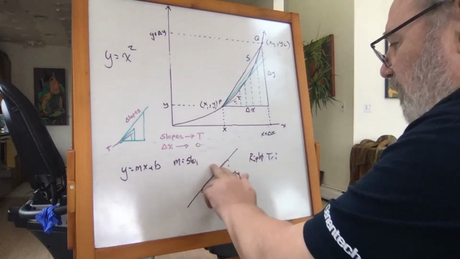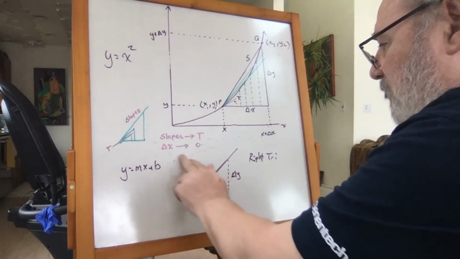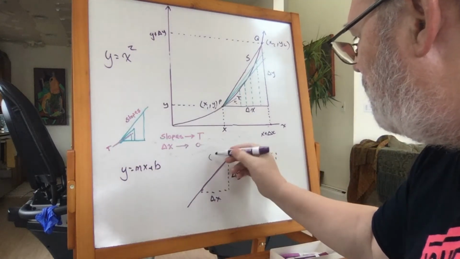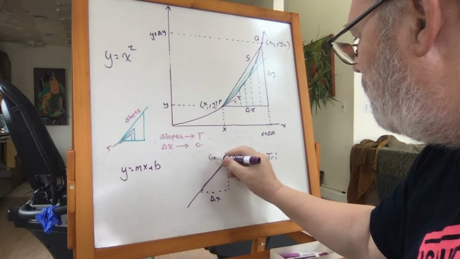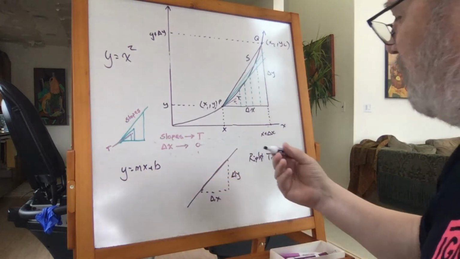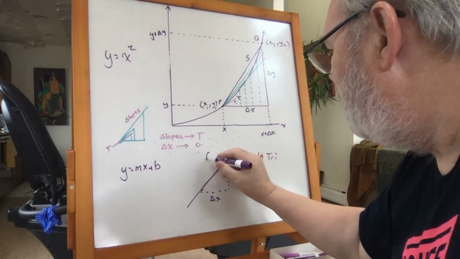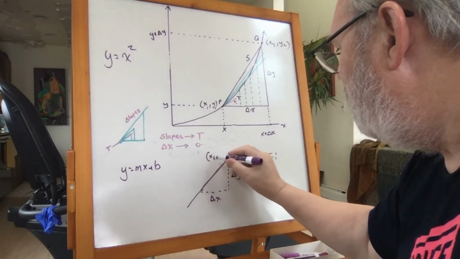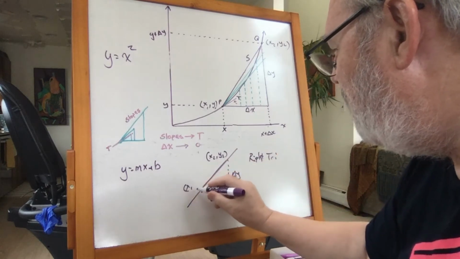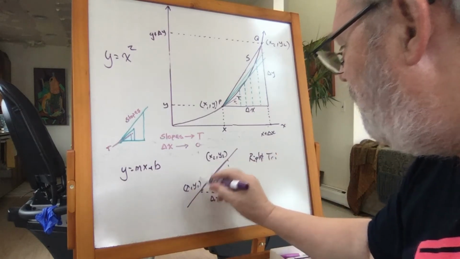And so we calculate this by looking at 2 points along the curve. We have x2, y2, and x1, y1.